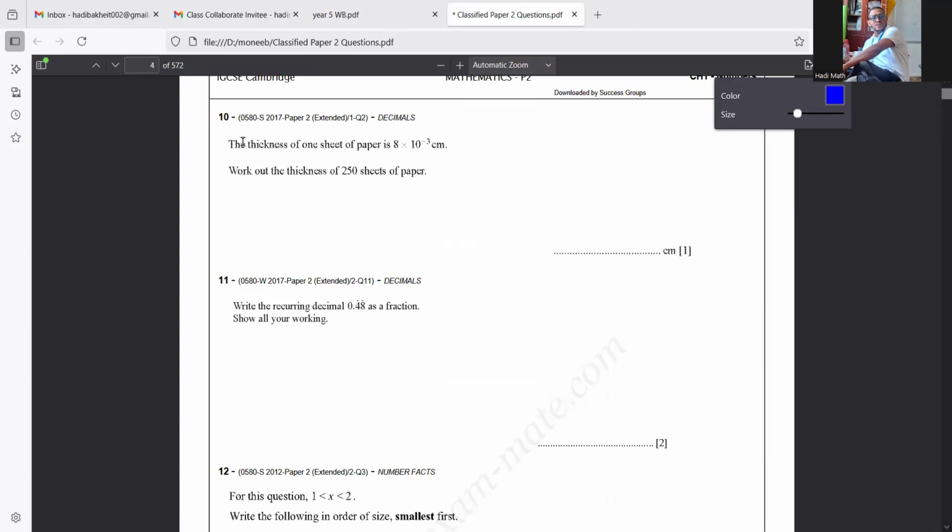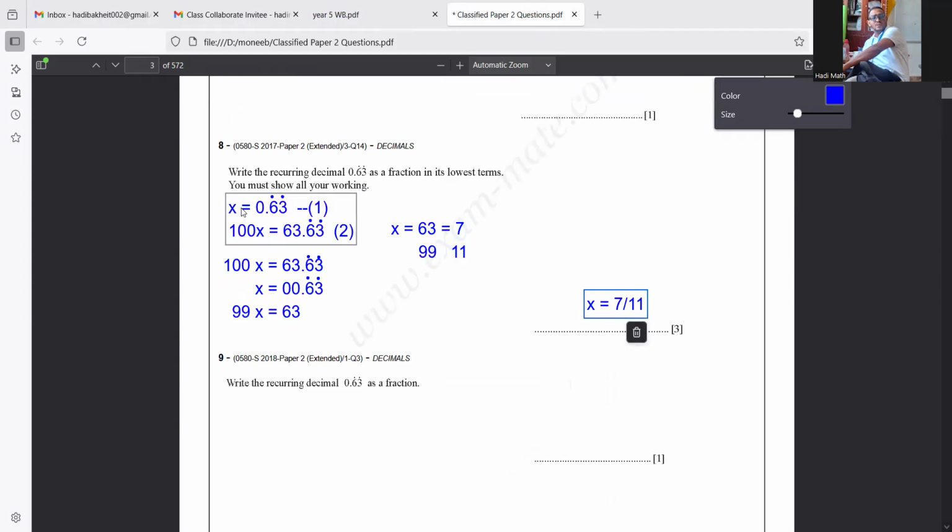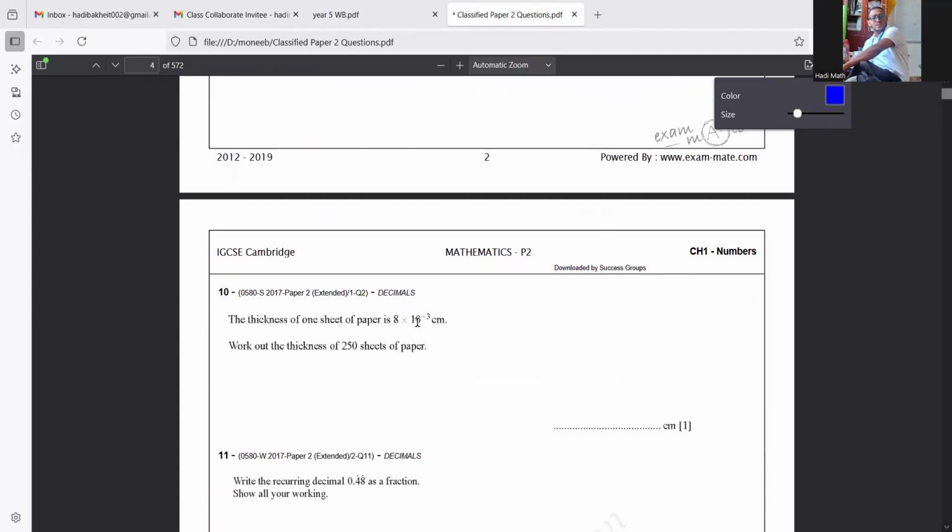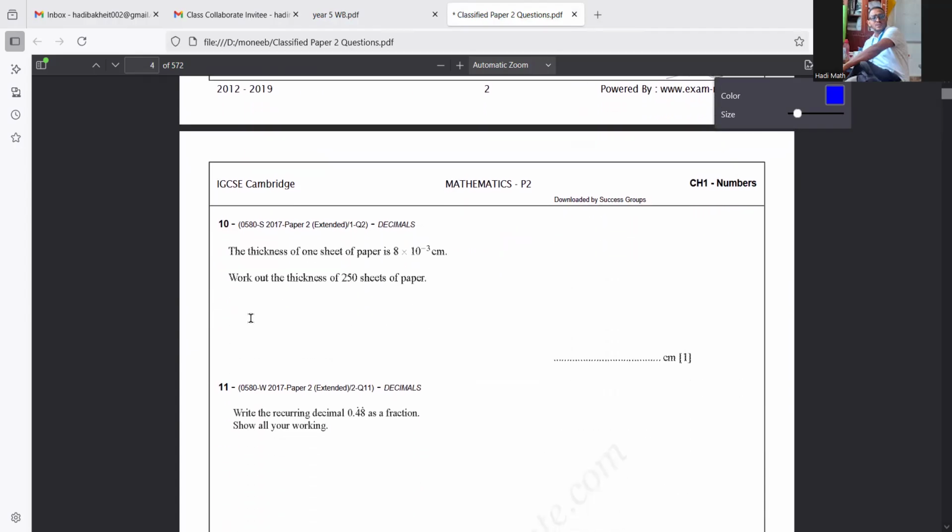In the same question, let's say the thickness of one sheet of paper is equal to 8 multiplied by 10 to the power negative 3 centimeters. Work out the thickness of 250 sheets of paper. You go ahead. This one is the thickness of one sheet. They want it for 250, so 250 times 8 times 10 to the power negative 3. You multiply these numbers.